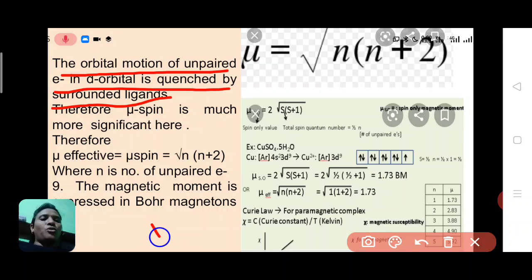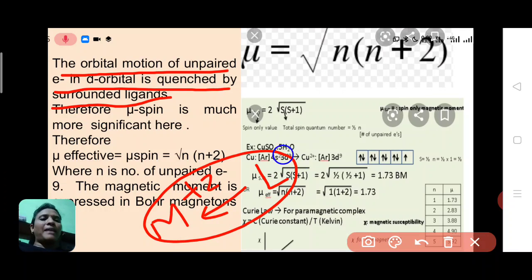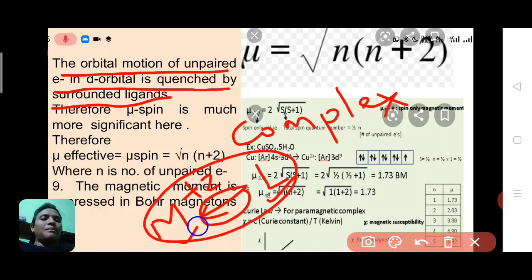So you know all the metals of d block elements form complexes with ligands. When ligands and metals combine with each other, they form what? Complex compounds. Complex compounds are formed by coordinate bonds between ligands and metals.